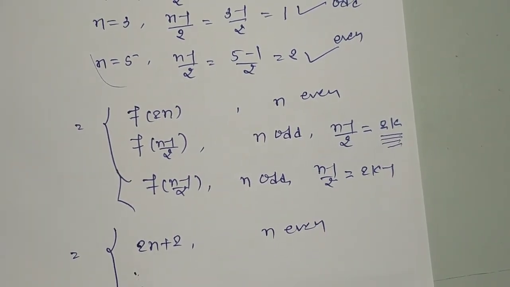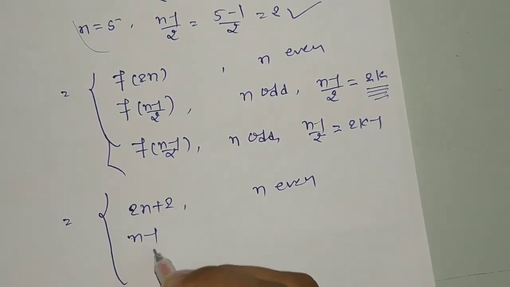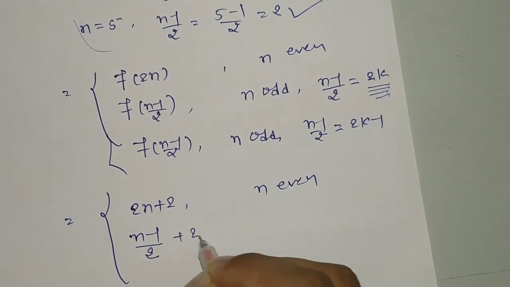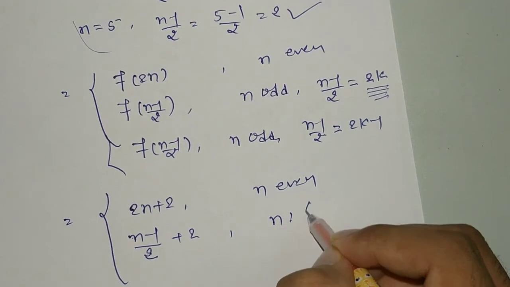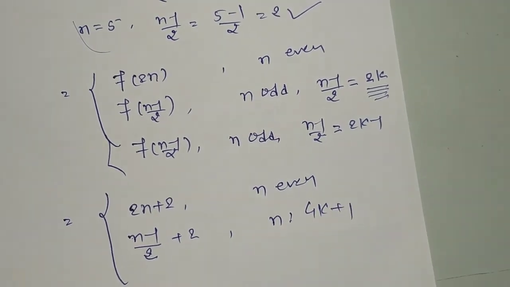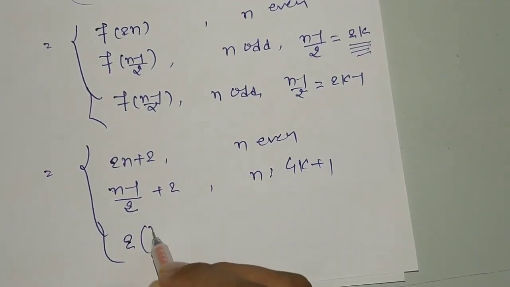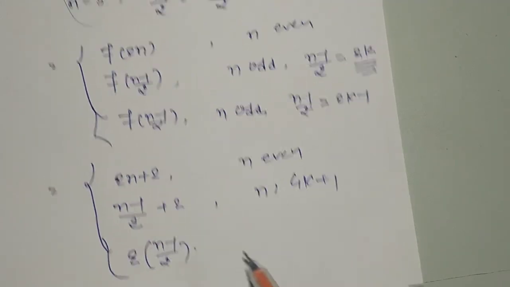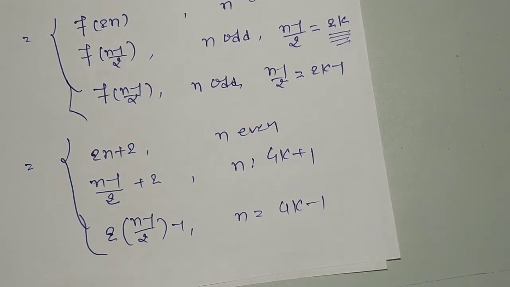Okay, so we again write n plus 2 as n is even, so we'll write n minus 1 by 2 plus 2 when n is of the type, if you just simplify, we'll get 4k plus 1, and finally for odd value it is 2n minus 1, so 2 into n minus 1 by 2 minus 1, n is of the type 4k minus 1.